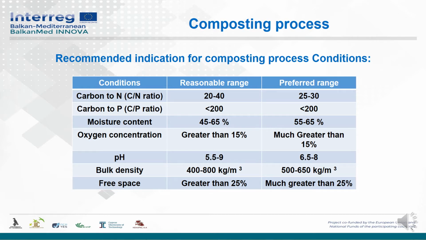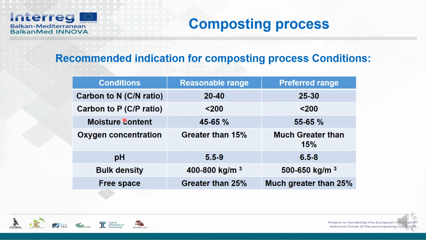Here are some indications to take into account when we want to prepare composting in order to have a good quality compost. It is important to consider the carbon and nitrogen ratio. It has to be between 20 and 40, and the best range is 25-30.